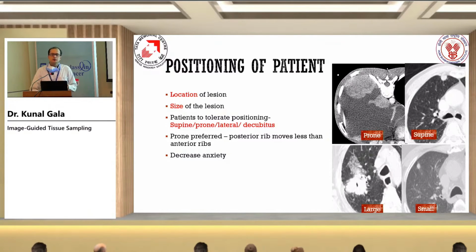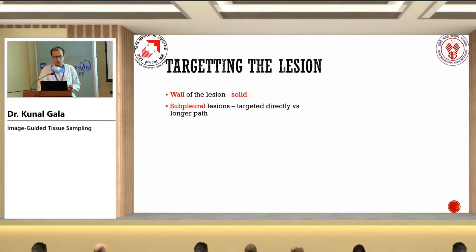Because the smaller the nodule, the chances of missing it are much more. Another thing, the chances of pneumothorax increase. There is an increase in the hemorrhage around the lesion, which can happen, and then ultimately the lesion can disappear. So this can happen once in a while, if you're doing it occasionally.